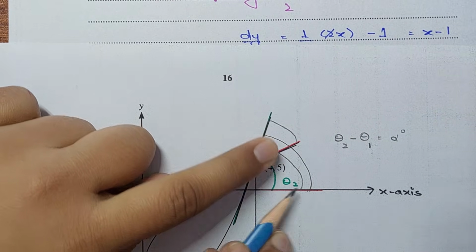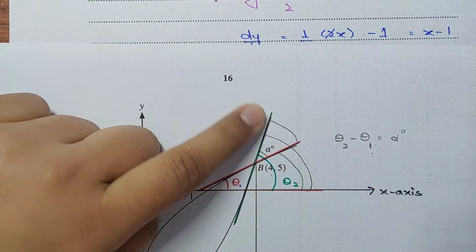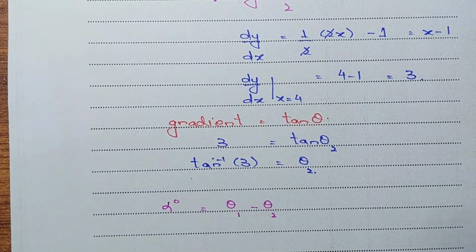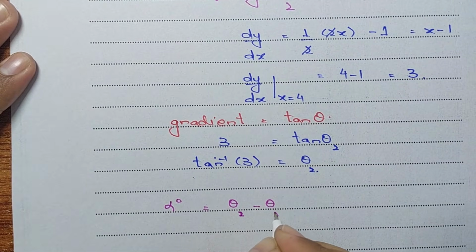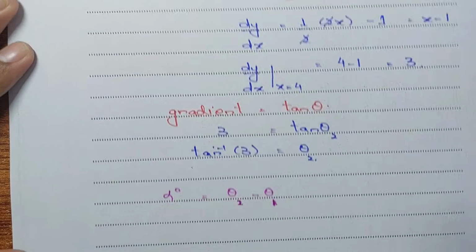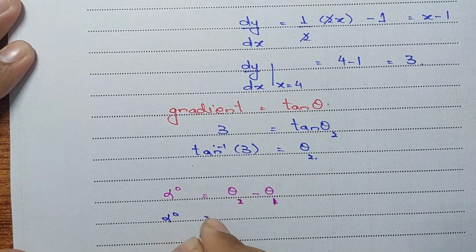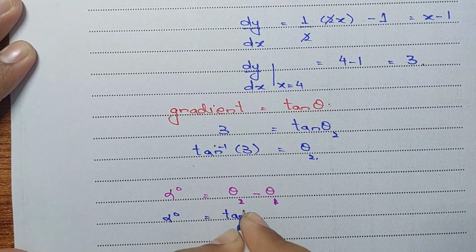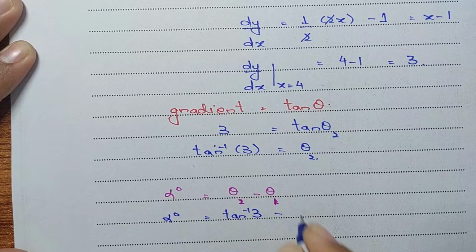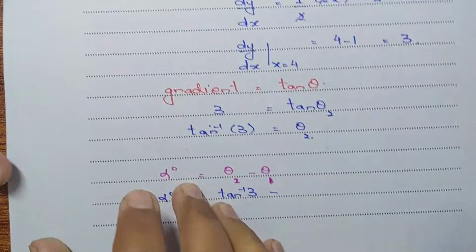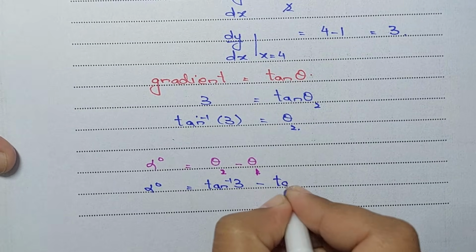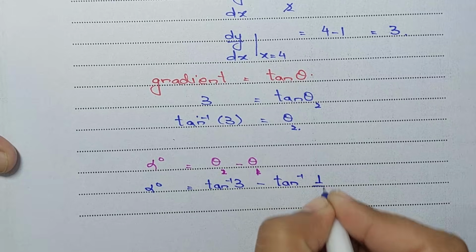From theta 2, if you take away theta 1, you will get alpha, and that should be an acute angle. Alpha in degrees: theta 2 is tangent inverse of 3 minus theta 1, which is tangent inverse of half, tangent inverse of 1 by 2.